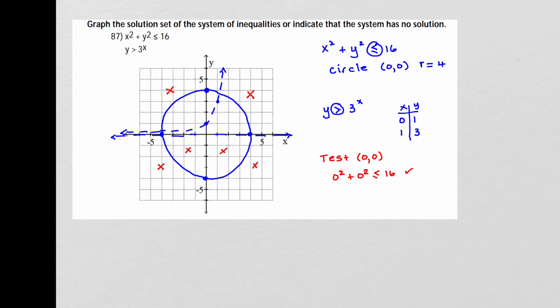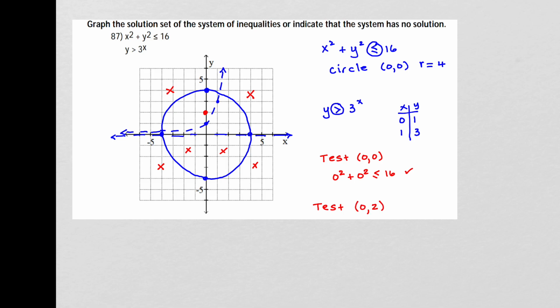So I'm going to take out that 0, 0 test point because I need a different test point for my exponential function. So I'm going to put in a point where x is 0 and y is 2.